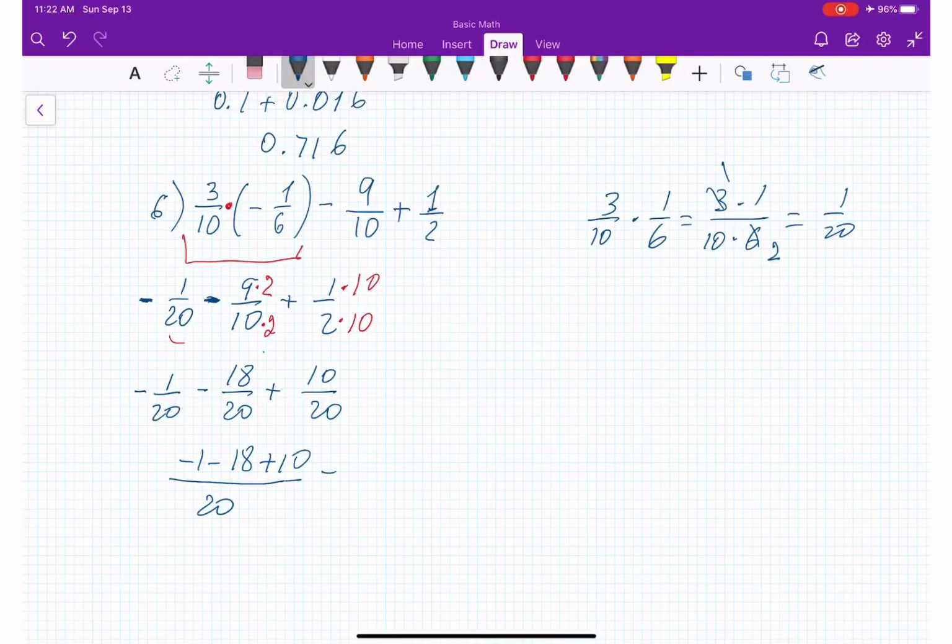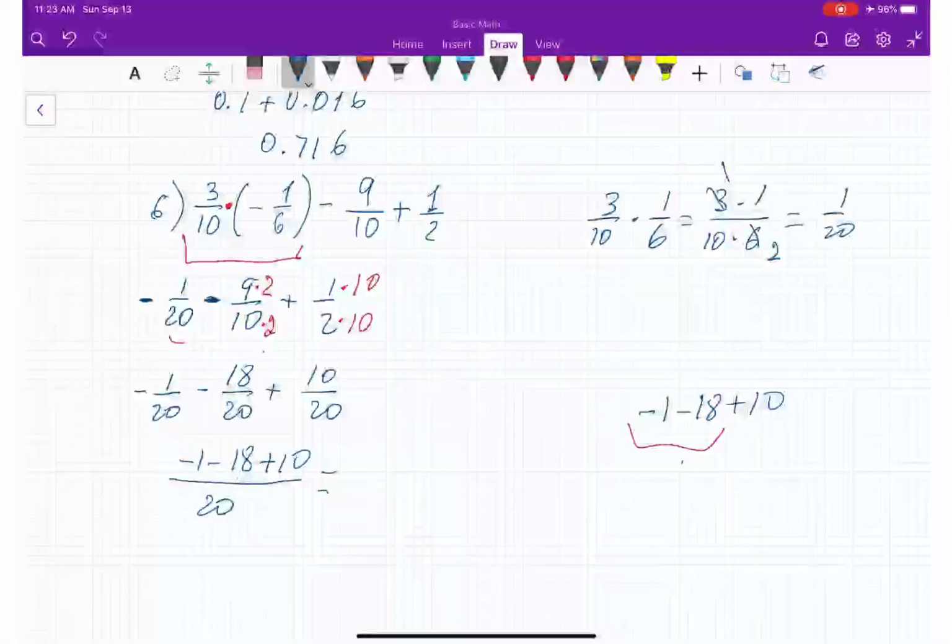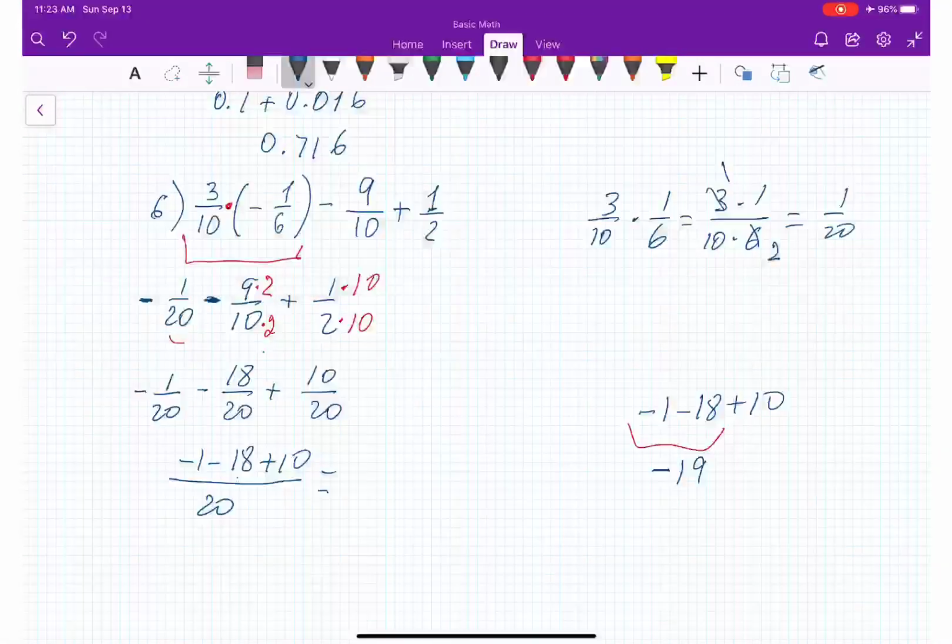So what do we get? Negative 1, negative 18, it's going to be negative 19. Signs are the same, we are adding, and using negative. And then negative 19 plus 10, it's going to be negative 9 because signs are different. We subtract and we use the sign of the bigger number. 19 is bigger, so it will be negative 9. So the answer will be negative 9/20.